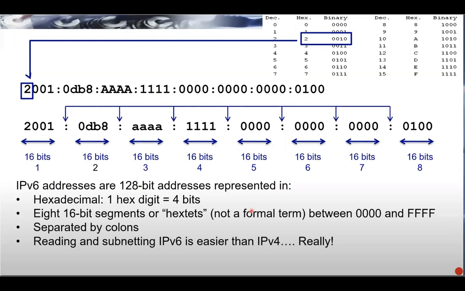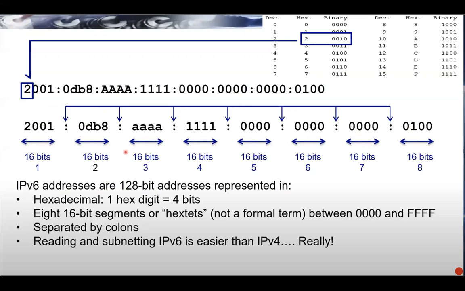Okay, so that's the IPv6 format. At least after this class, when people give you an IPv6 address, you can tell that this is 1, 2, 3, 4, 5, 6, 7, 8 segments.